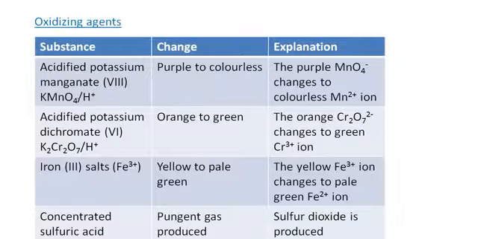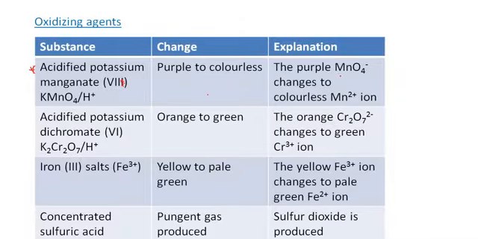Now you need to be able to give examples of oxidizing agents. So the first example is acidified potassium manganate 7. Sorry, this is a typo here. It should be 7. So we typically write it as KMnO4/H+, and it is an oxidizing agent. When it acts as an oxidizing agent, it changes from purple to colorless because oxidizing agents are reduced.